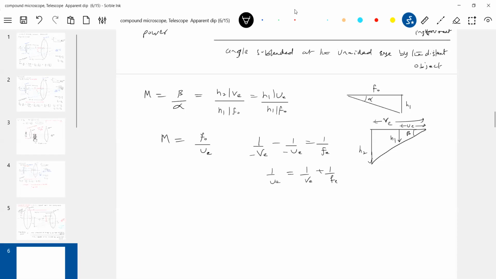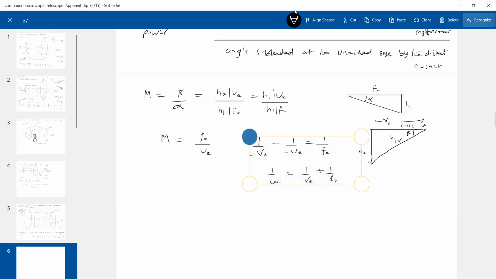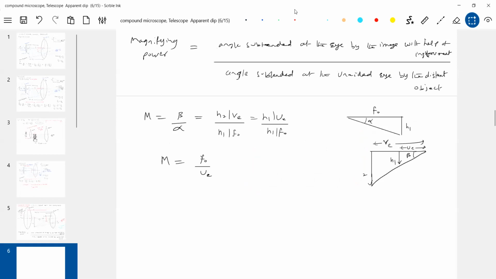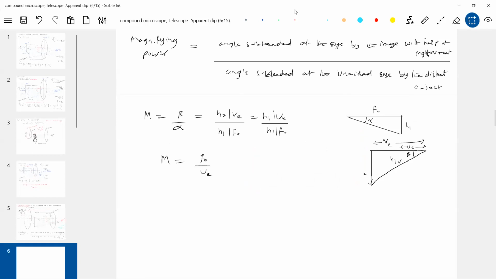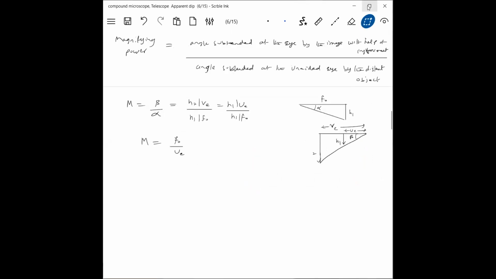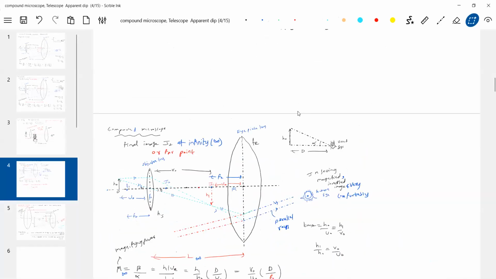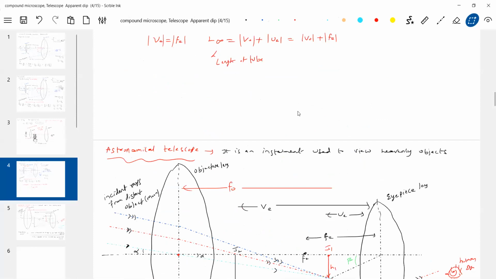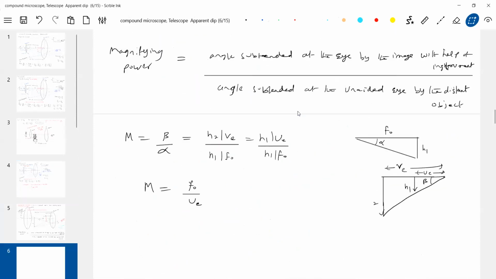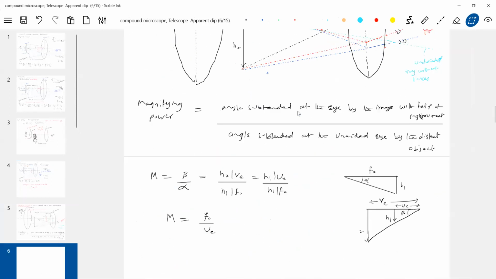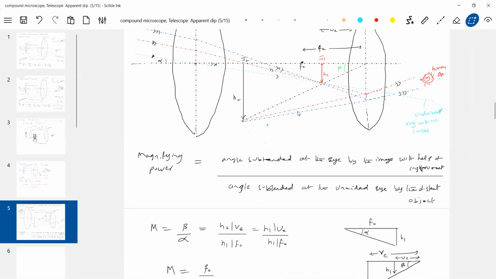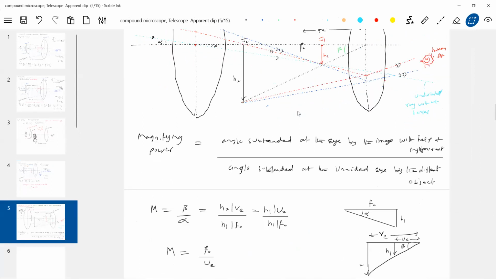And if it is the least distance of distinct vision, we can write it. Okay, I'll come to it later on. This is the core central part of our discussion. I think I can show only this much. There's a minimum thing.